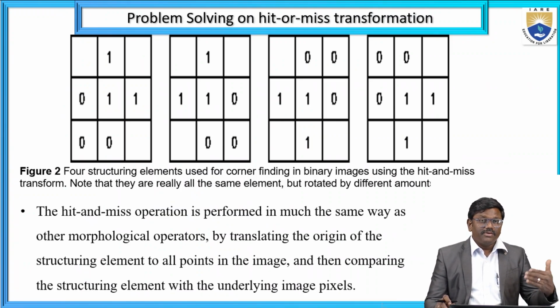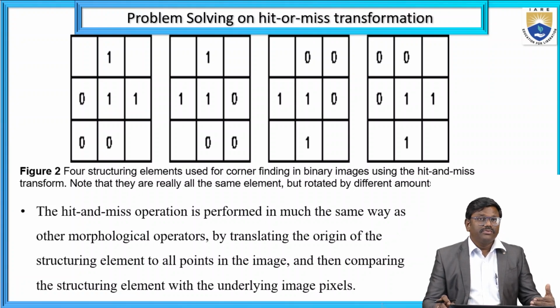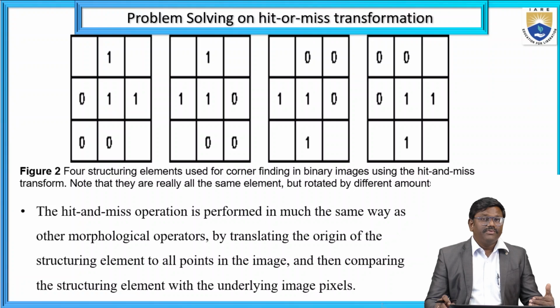Coming to figure number 2, the structuring elements used for corner finding in a binary image using the hit or miss transformation. Note that they are really all the same element but rotated by different amounts.